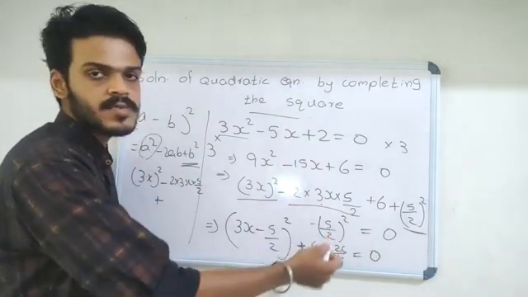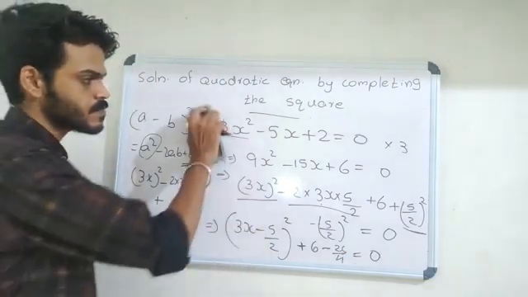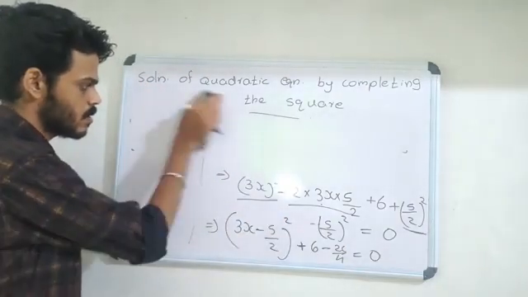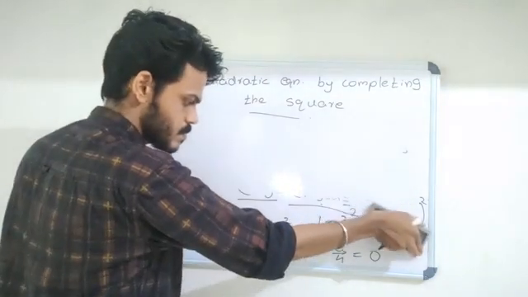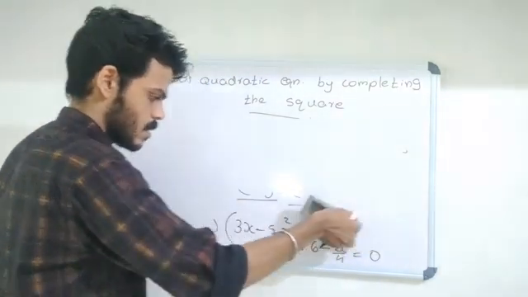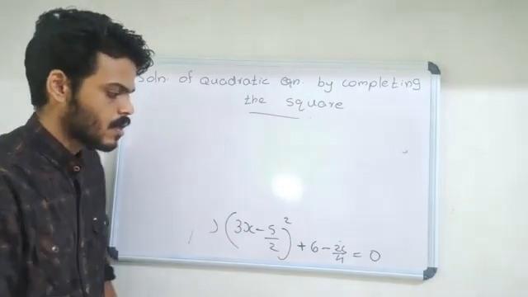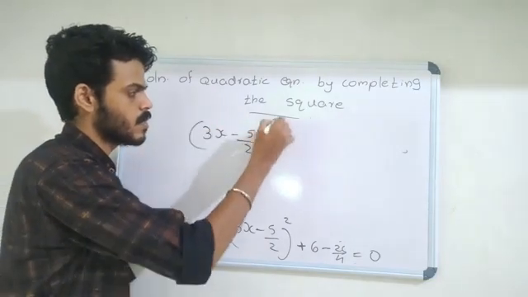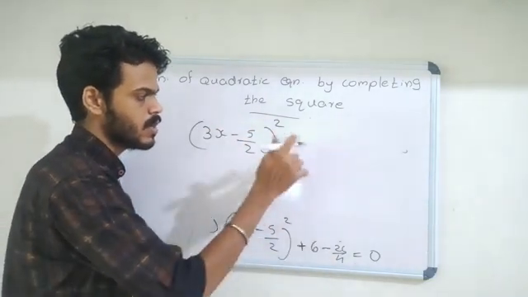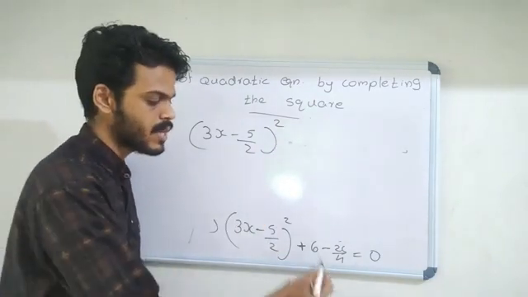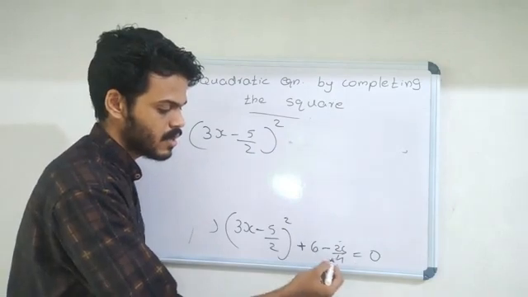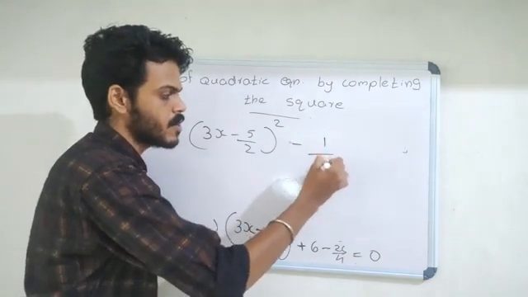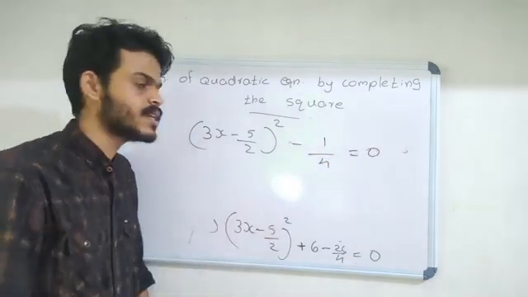Now what will be the value of this? 3x minus 5/2 whole square equal to 6 minus 25/4. What will be that? We can do cross multiplication, that is 6 into 4, 24 minus 25/4, that is minus 1/4, is equal to 0. Okay, now our equation has changed to this form.